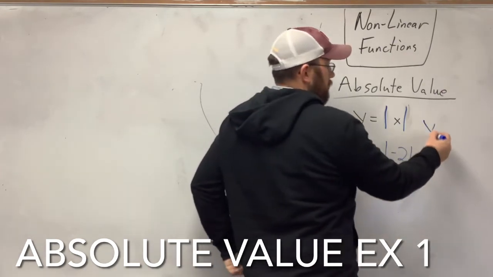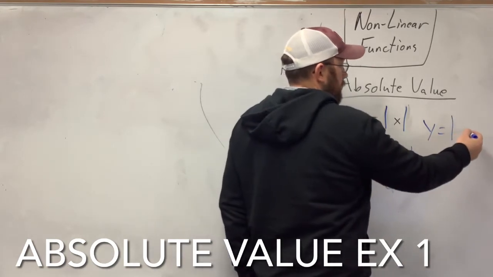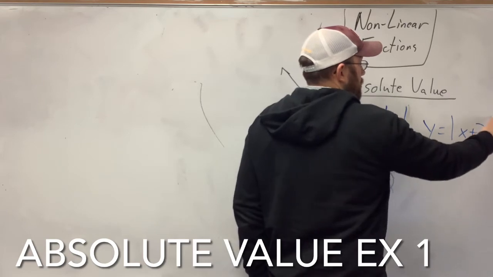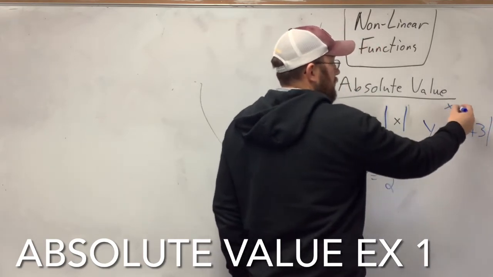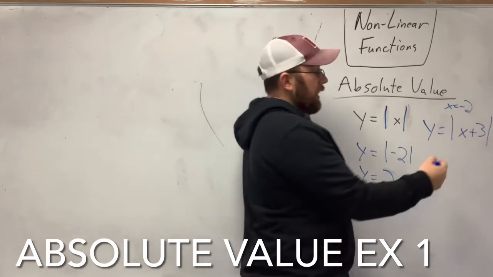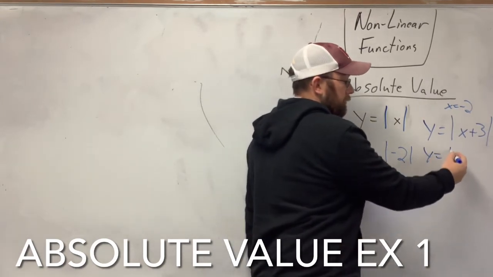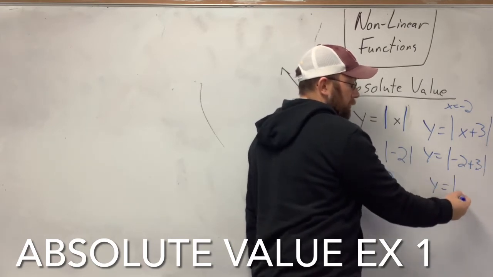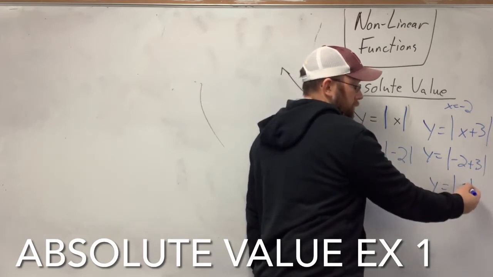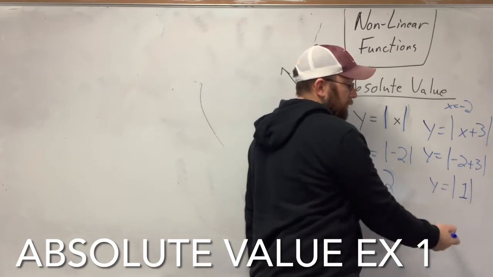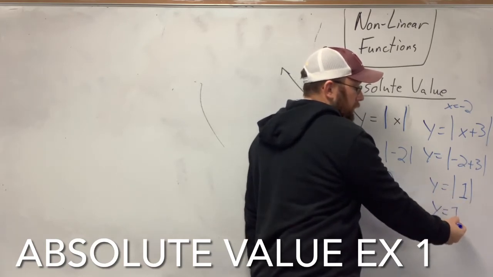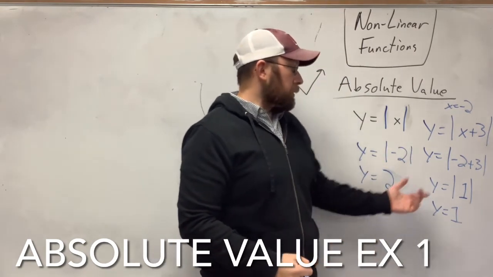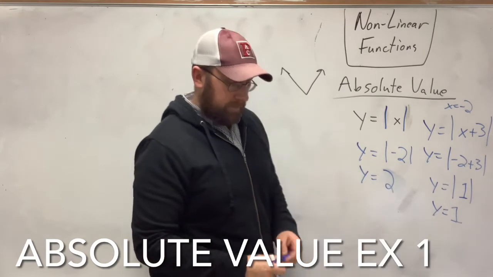If I had y equals the absolute value of x plus 3, and I said x is going to equal -2, I plugged the -2 in for it, but I have to wait to solve it. So I get y equals the absolute value of 1, so it's just 1. You don't switch it over to negative. All the absolute value means is whatever answer you get when you solve, you make it positive.